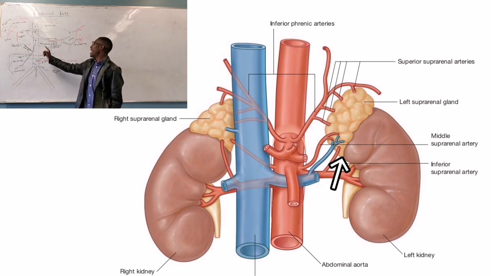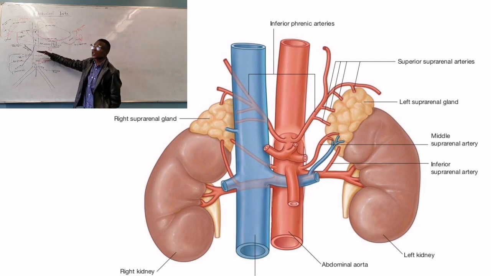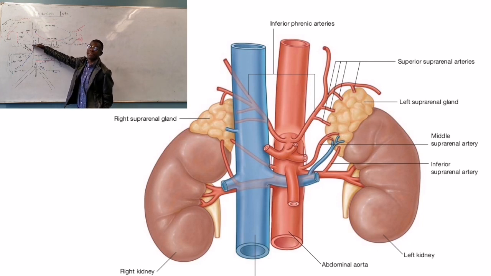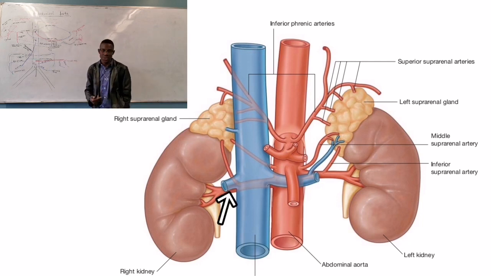Right. So between L1 and L2, just superior to the origin of the renal artery, we're going to have the mid suprarenal artery. You good? Then just above L2, we are going to have another branch, what we call the renal artery.